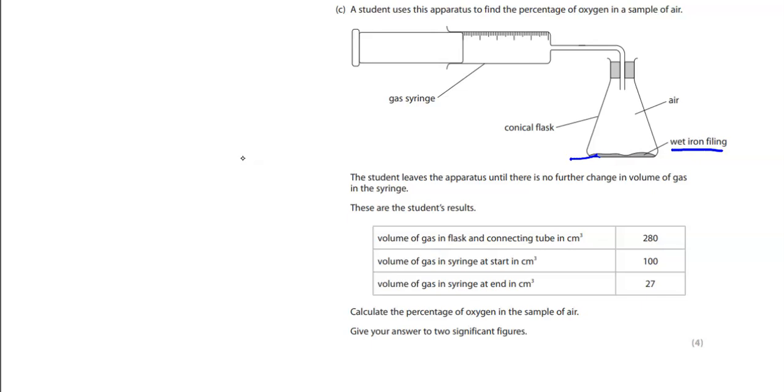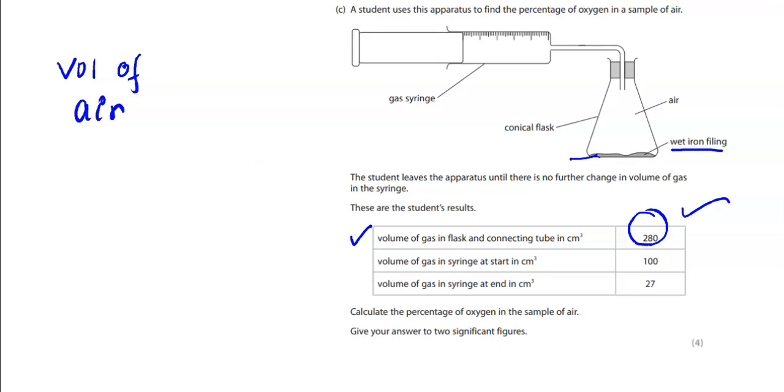You can see you are provided with the volume of gas in a flask and connected tube. Collectively it is given. So this is the volume of air.